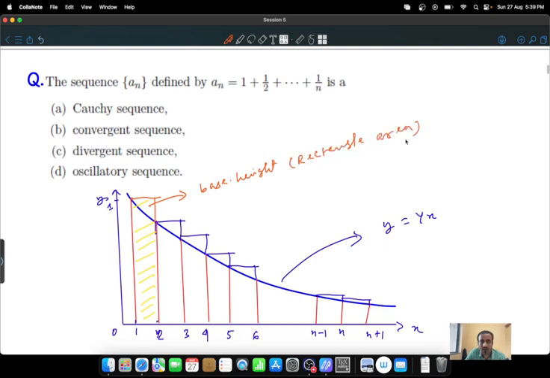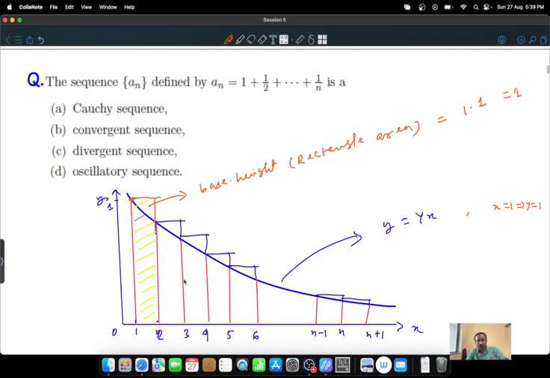In that case, base is 1, because the difference between 1 and 2 is 1. And what is the height? This is the point on the graph. If you put x equals 1, then you get y equals 1. That is the height of this, which is 1. Here x equals 1 implies y equals 1. So that is the area of this first box.